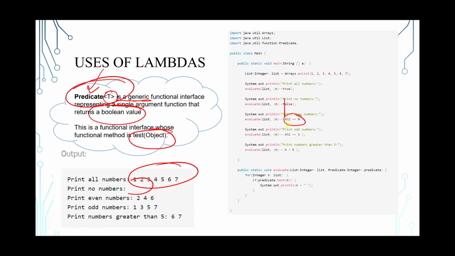So the condition, if n mod 2 equals 0. So we're printing only even numbers, right? We are printing only even numbers. So we have our list, and we have n mod 2. So test n, test the element in this list. The first element, this element. Test it. 1. Is 1 mod 2 equal 0?